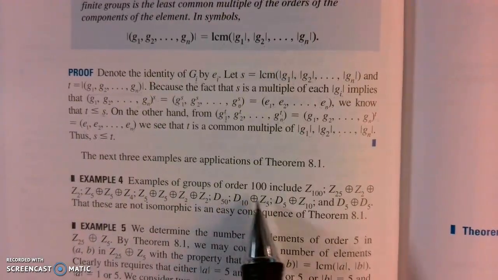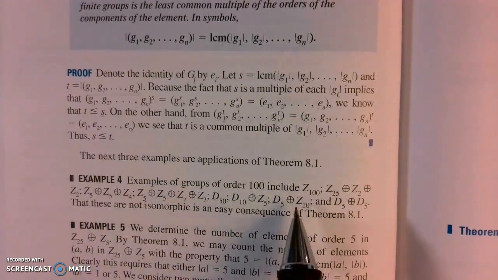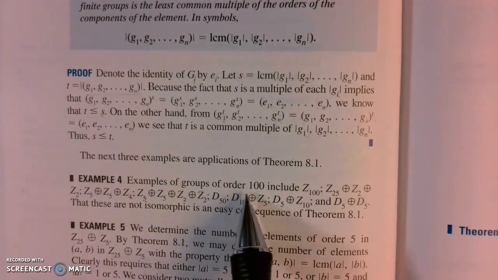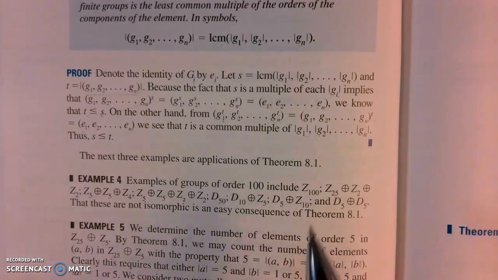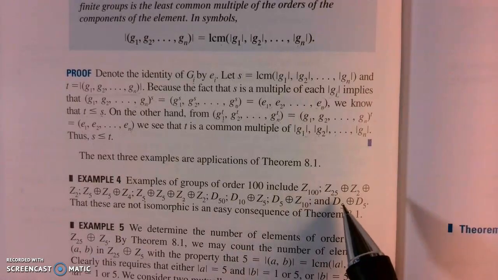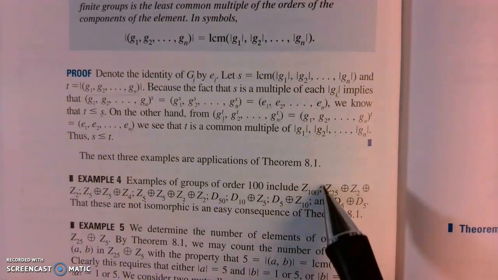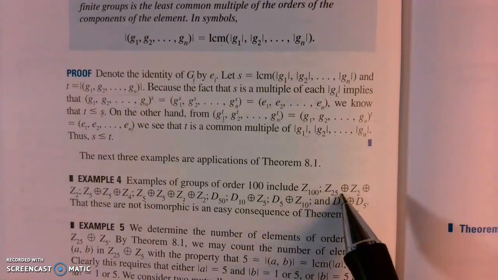Example 4. All these groups listed here have order 100, and in direct product, the order of the group is equal to the product of the orders of the components.